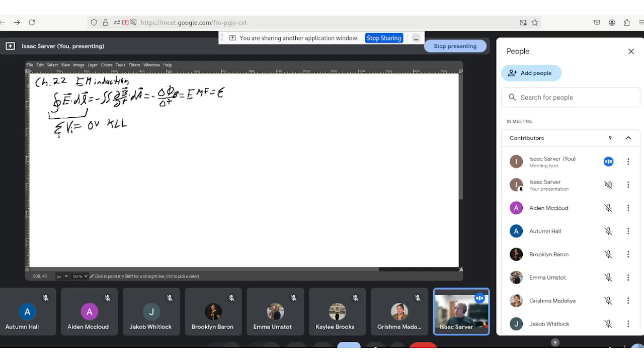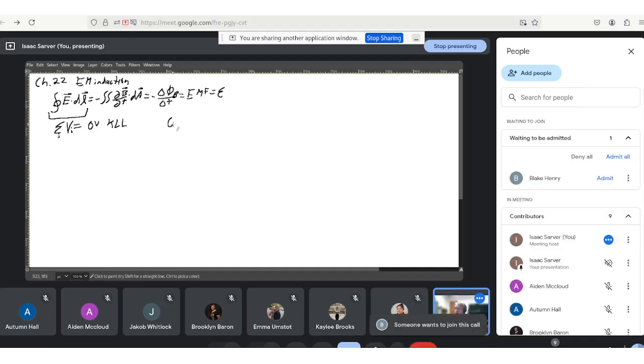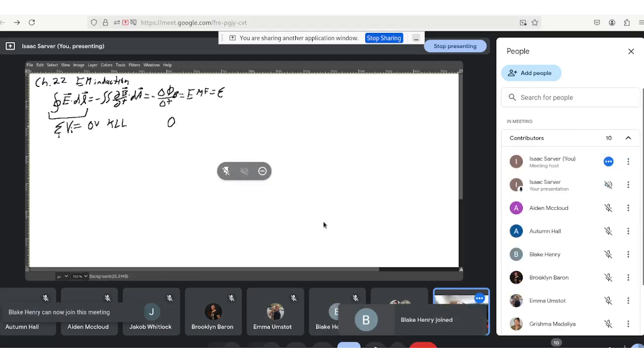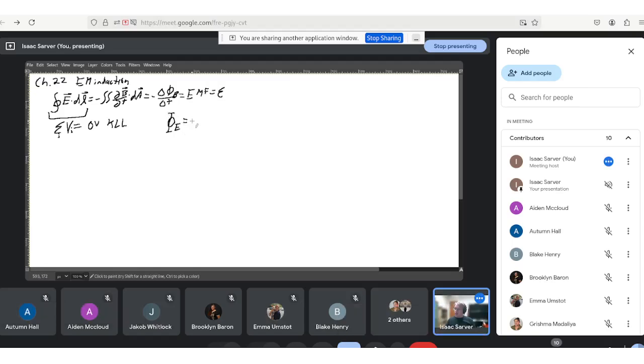So this flux character is back. Instead of having the electric flux, which is EA sine of the angle between E and A, just as it was last time, this time it'll be with the magnetic field.